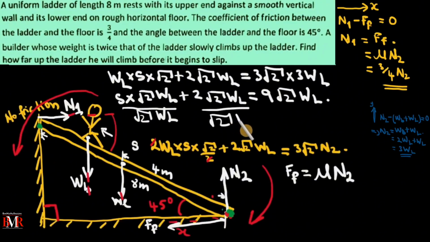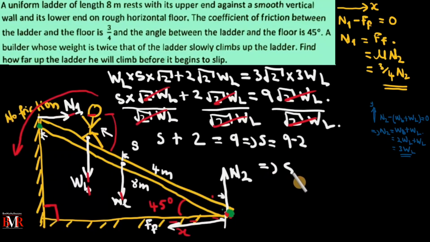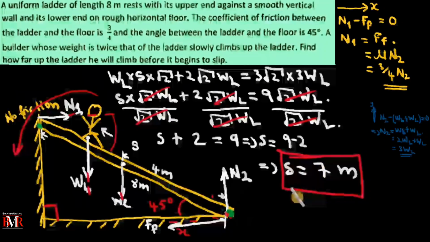Now this cancels out, this cancels, and then I'll have s plus 2 is equal to 9. That means s is equal to 9 minus 2, that is 7 meters. So the man has to climb 7 meters on the ladder before it starts to slip or slide down.